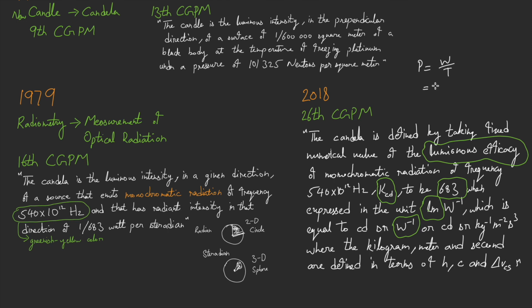So break down work into F times d, and time, t to the minus 1. F is actually m times a. So break it down again.